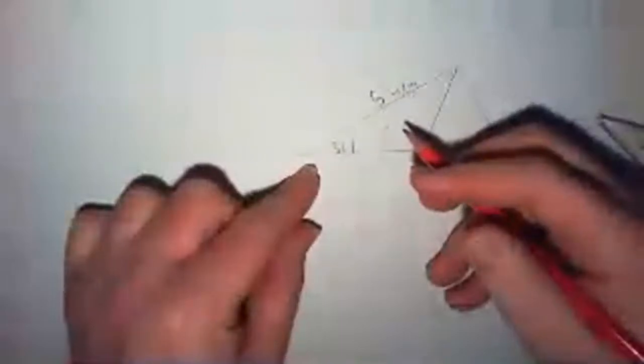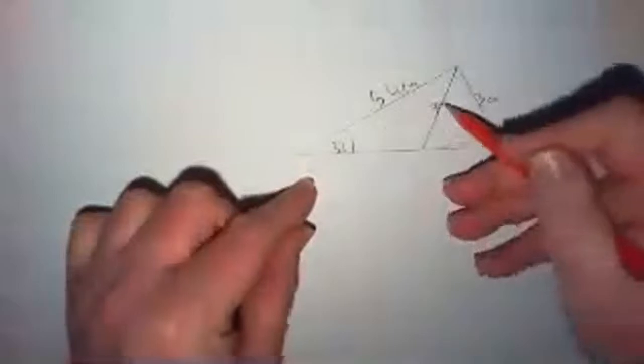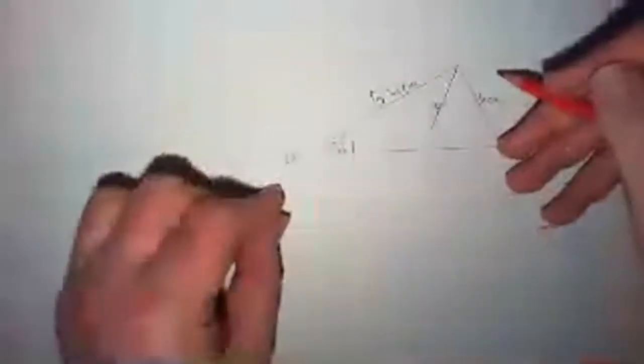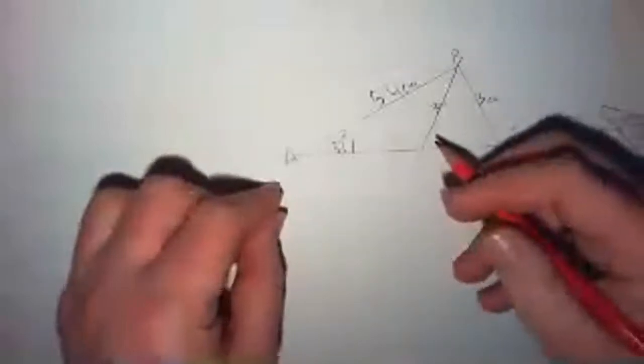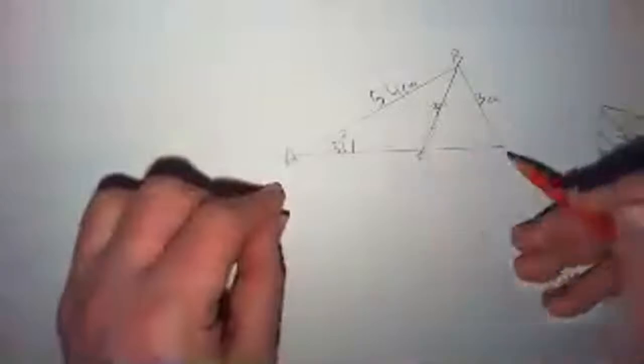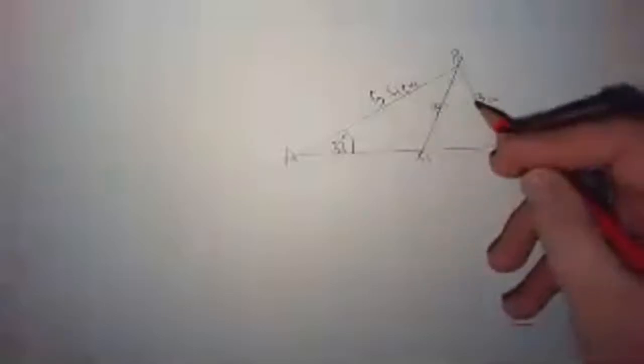We have a 3 and a 3. Okay, and these corners are called A, B, and we have two possibilities, C1 and C2. And the question is, the diagram shows two possible triangles where one side is 5.4 and one angle is 32. So there is actually two possibilities you could make, and you can use a compass to show this.